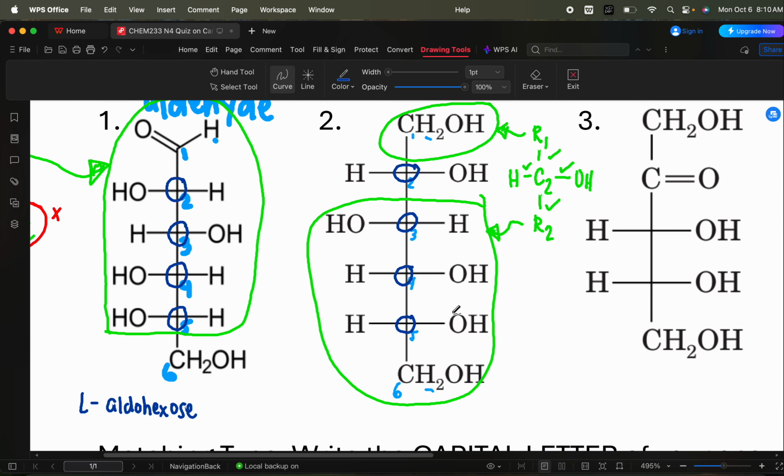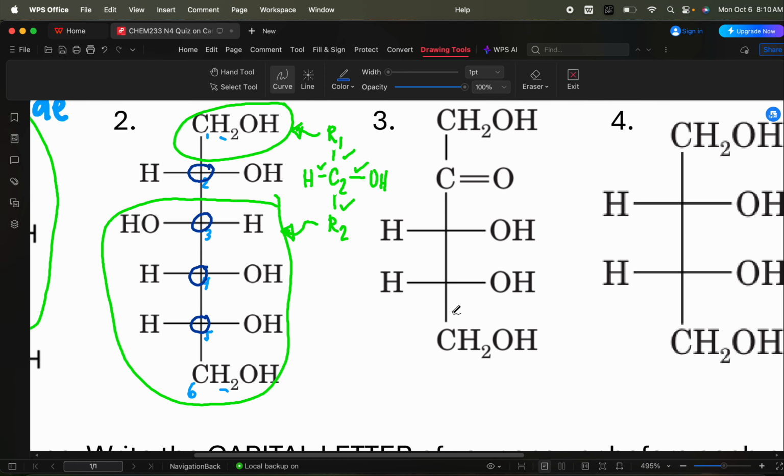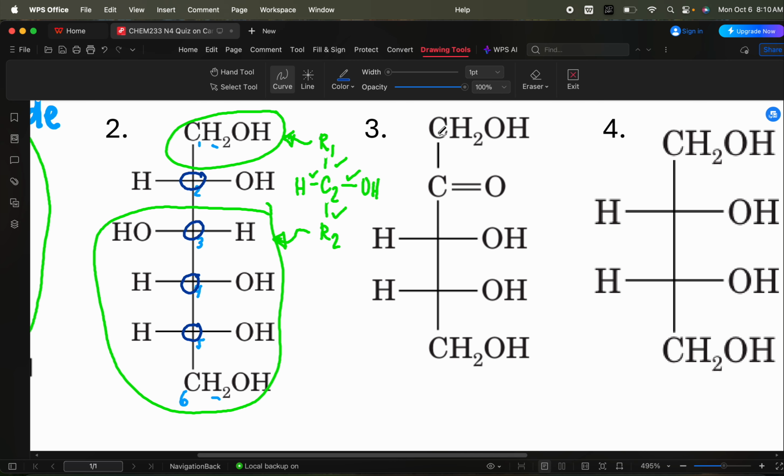Then number 3, this is D, and then we have a ketone, so 1, 2, 4, so 5, ketopentose, D ketopentose.